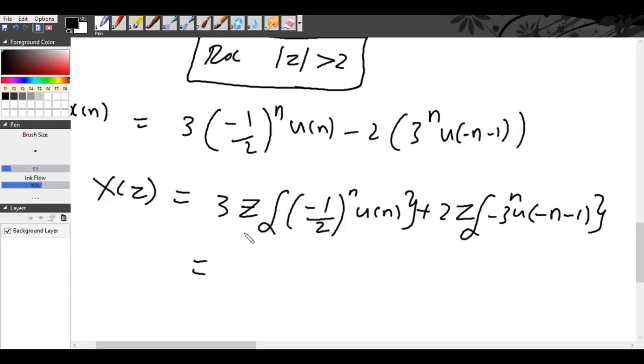So here we have to take the z transform. I am going to leave this particular part to you, because we have already worked out the z transform of minus a power n u of n, as a generalized term. So I am directly writing it out.